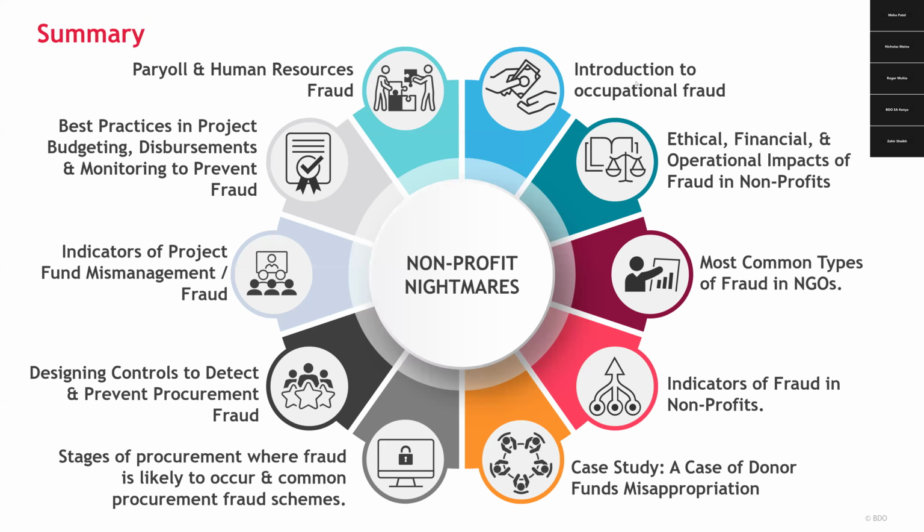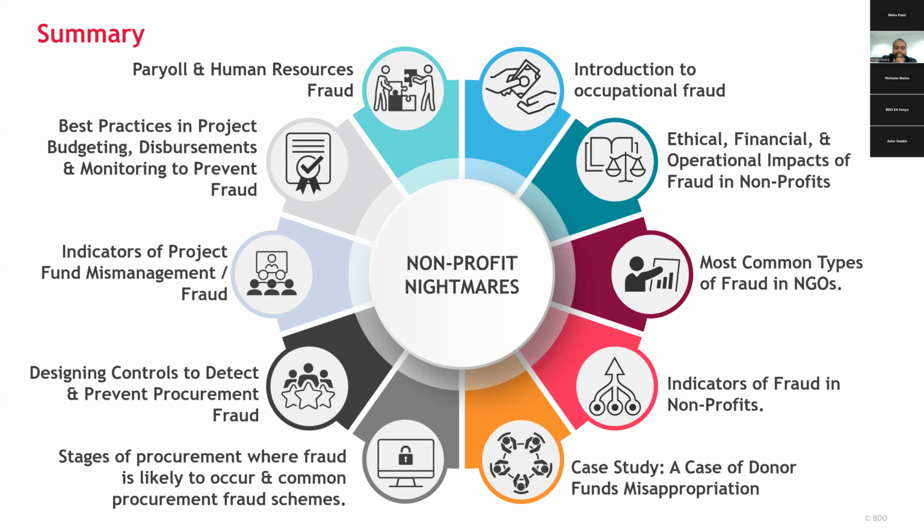So thank you, Nicholas. To quickly summarize what we've learned today, we talked about the introduction to occupational fraud that was done by Zahir. We looked at the ethical, financial, and operational impacts of fraud. We looked at the most common types of fraud in nonprofit organizations, and some of the indicators of fraud in these nonprofits.